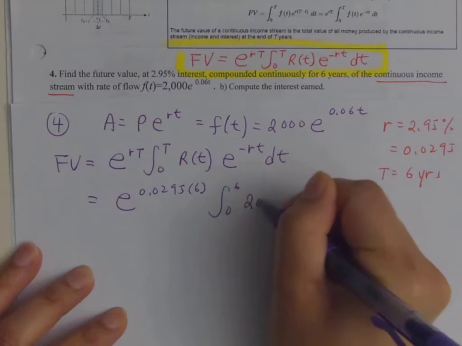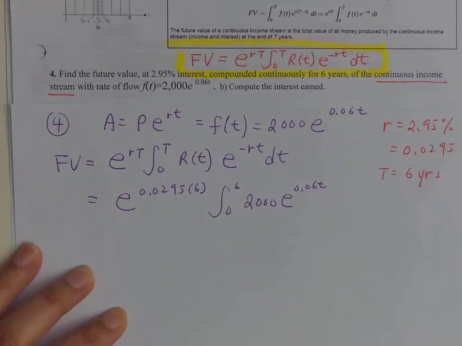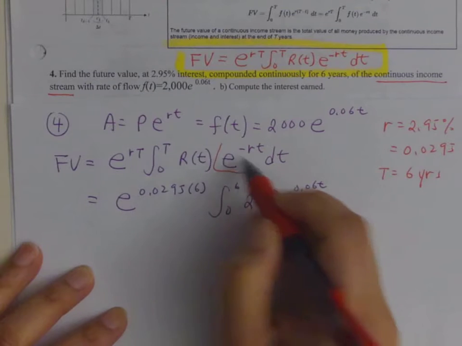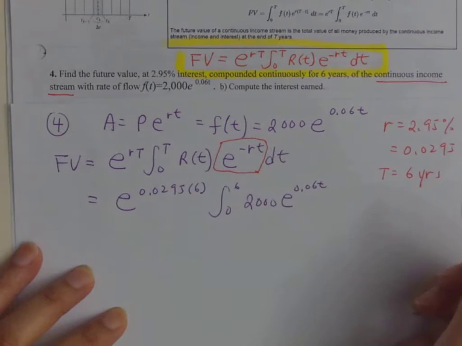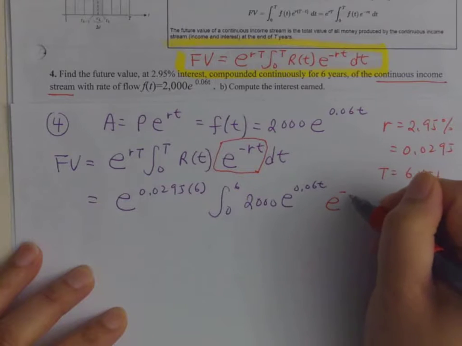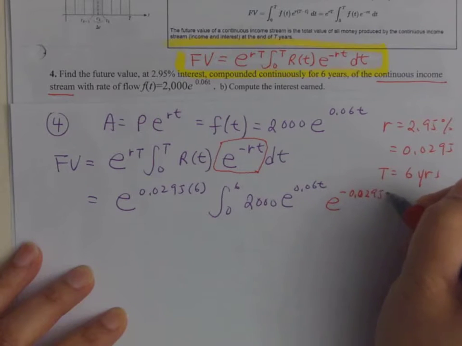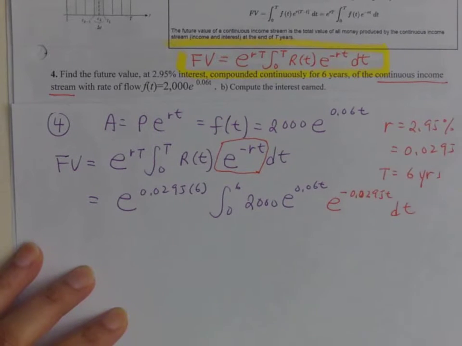Our function is 2000 e^(0.06 t), and don't forget this part. Sometimes students forget this part. We've got e^(-0.0295 t), and then dt.